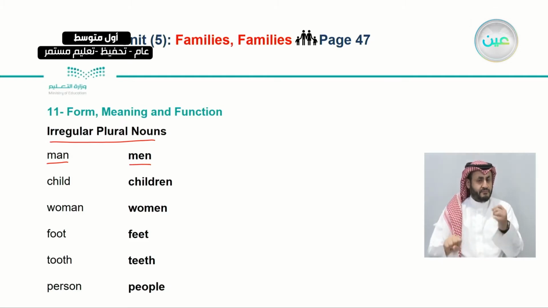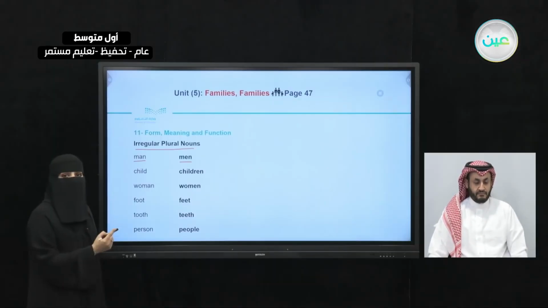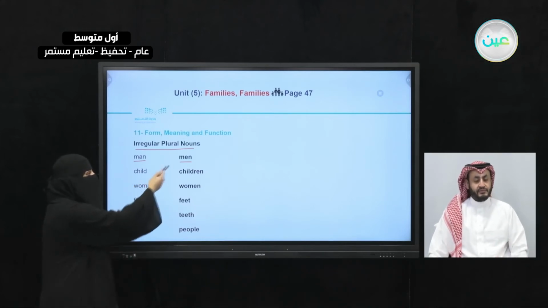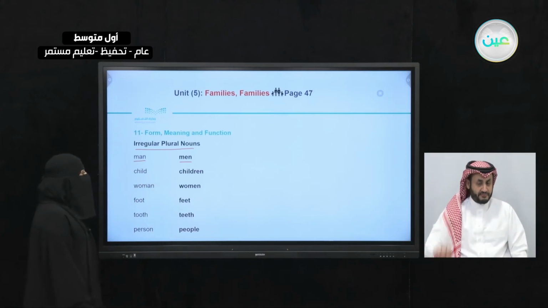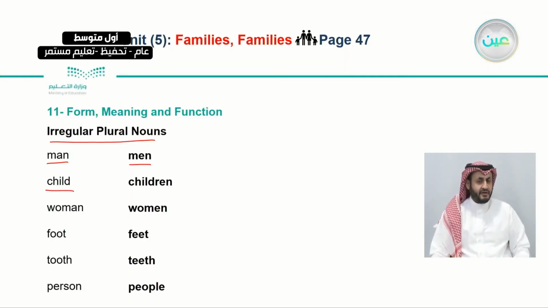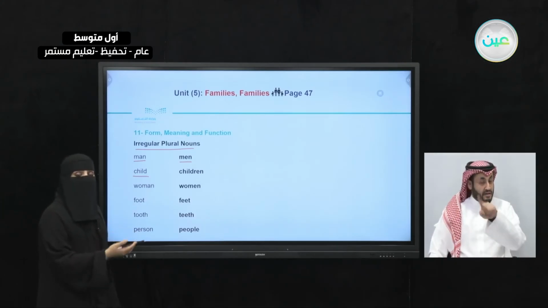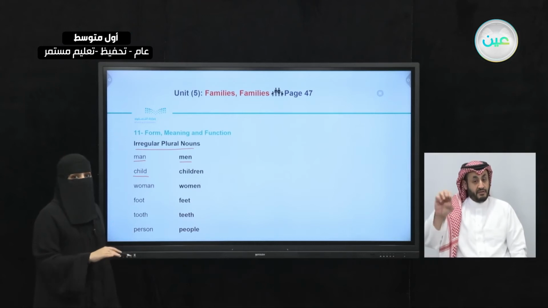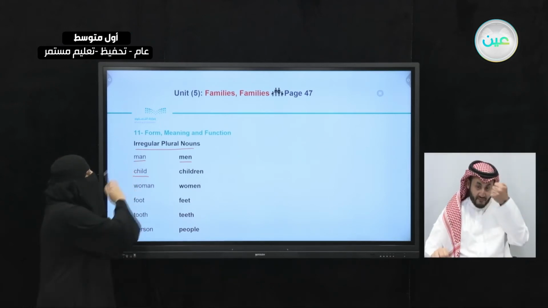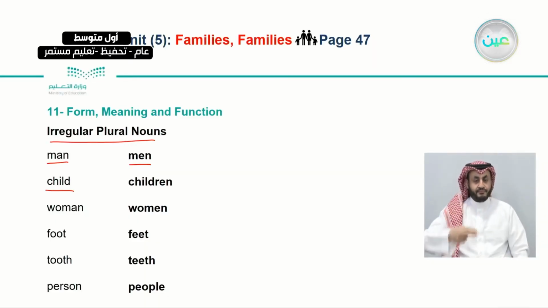Man, men. So if I'm talking about one man, right here. Two or more, two men and more. How about child? One child. Do I say 3 or 4 childs? No, not at all. It's an irregular plural noun, so the entire word changes into a new, different form.